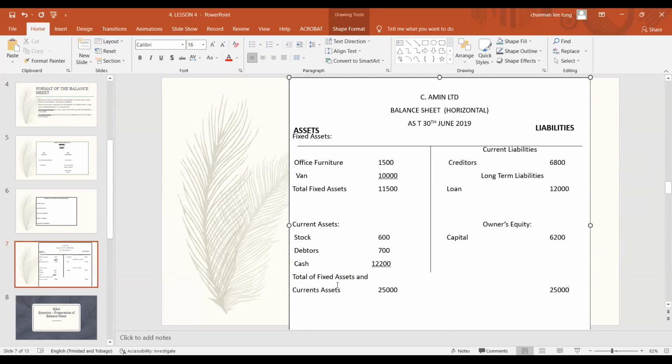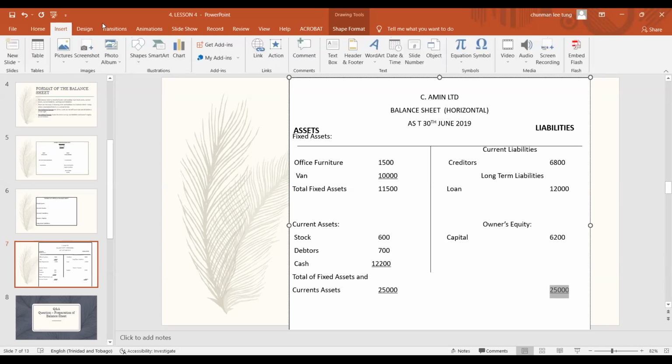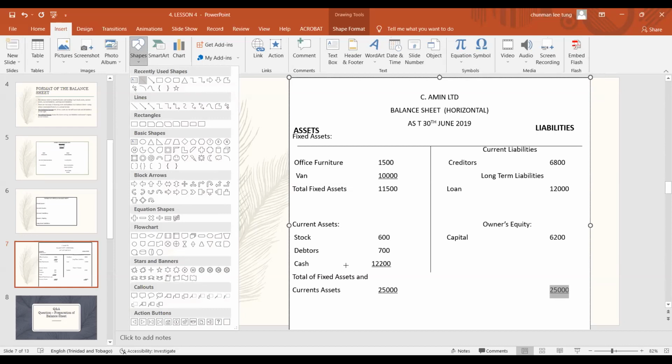So just put your double line under the 20. So you have more or less completed that balance sheet, which is really very simple. Your balance sheet has balanced. That is, there is $25,000 under assets, which is on the left side, and under your liabilities, there's $25,000 as well.